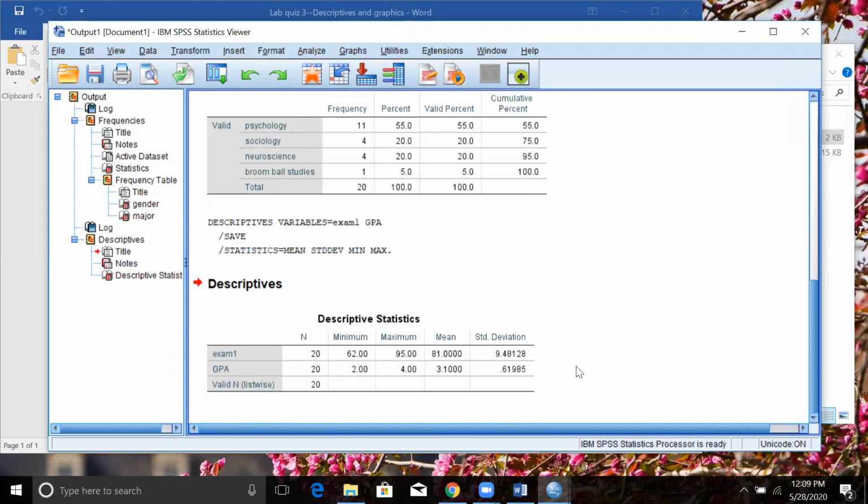Again, the skill that goes beyond just churning things out of SPSS is making sure that you know where to find the information that you actually need. So min and max, that's perfectly valid information to have, but more important typically for your write-up is going to be mean and standard deviation.